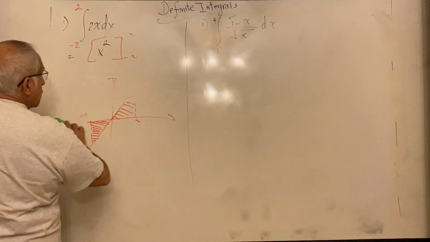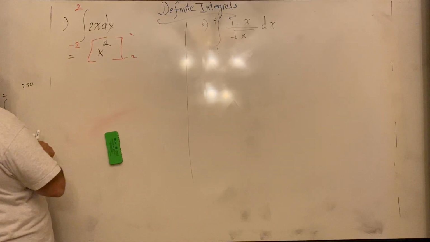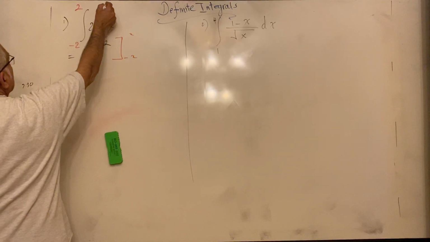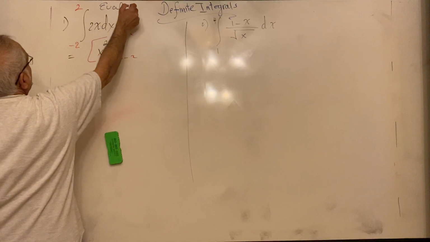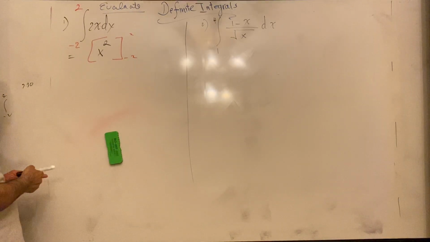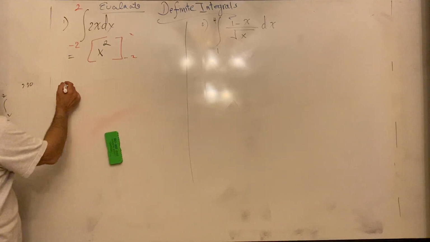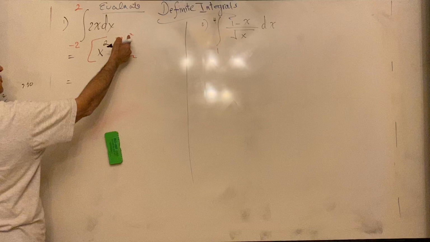Right now, we need to evaluate this expression. So, how can we evaluate this definite integral? First of all, we integrate it, and then we put the limits from the lower limit to upper limit. Then we substitute the first one at the top.